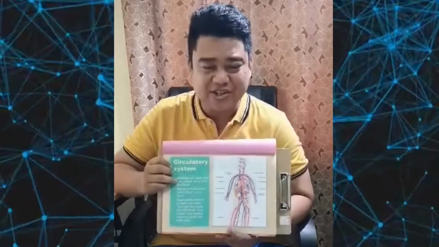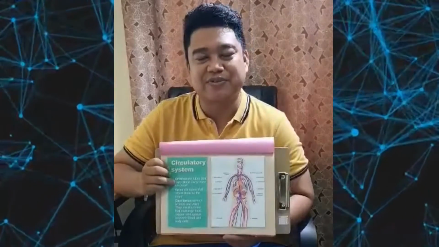The blood that they carry is unoxygenated blood. There is a connection between the arterioles, the smallest portion of your arteries, and the venules, the smallest portion of your veins. We call it your capillaries. That is the basic concept about your circulatory system.